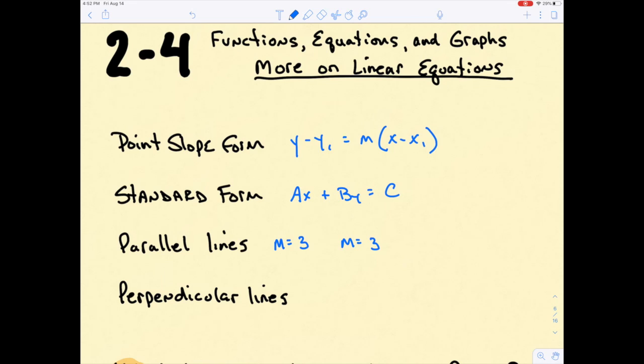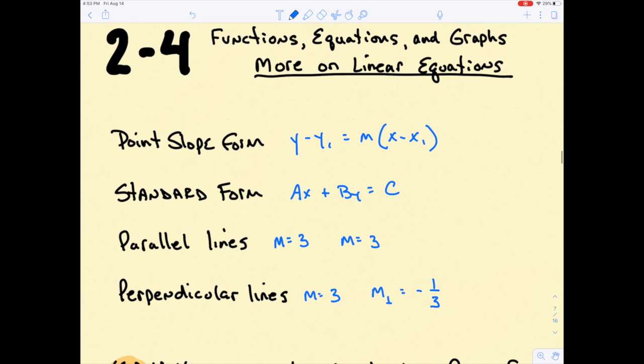Perpendicular, if you have one line with a slope of 3, the other line that's perpendicular to it will be negative. It'll be opposite, right? So in this case, positive and negative, and it'll be a reciprocal. They call this the opposite reciprocal. So in parallel lines, sometimes you'll see that indication where the second line is parallel to the first. In parallel, the slopes are the same. Perpendicular lines, they are opposite reciprocals.